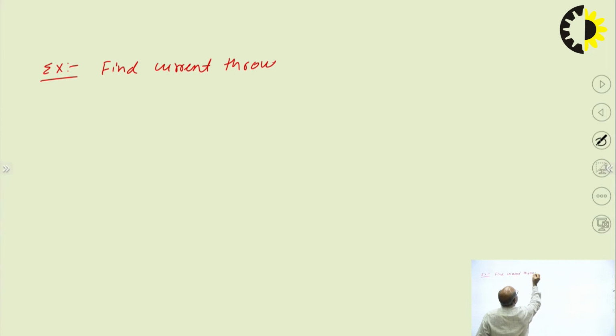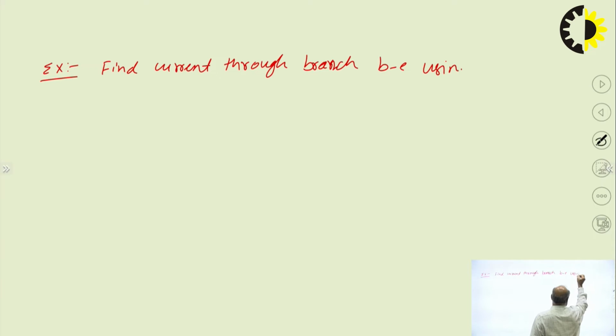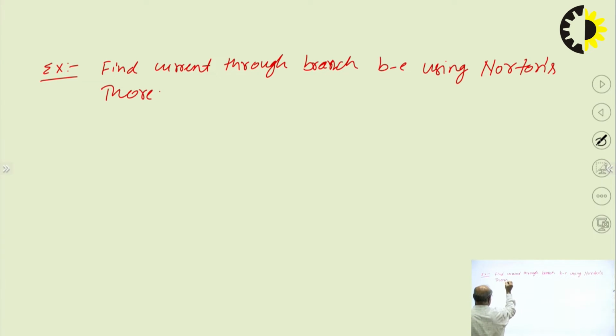The example is: find current through branch BE using Norton's theorem, and the circuit is a complex circuit.